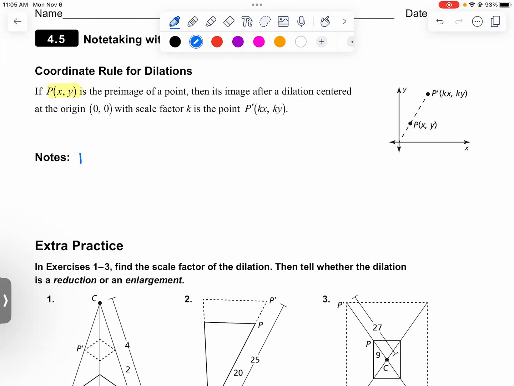Let's do an example with real numbers. Let's pretend that point A is (-1, 4), and we have a scale factor K equals 20.